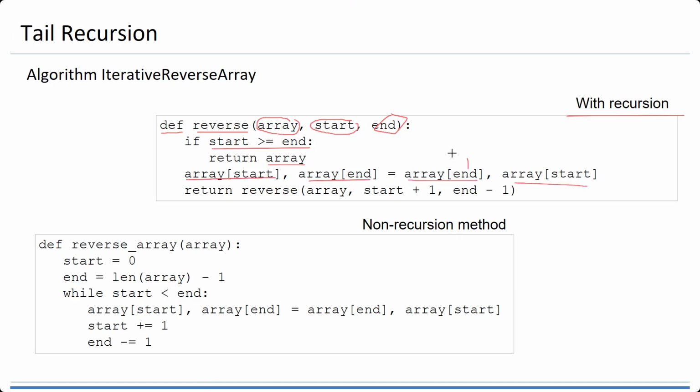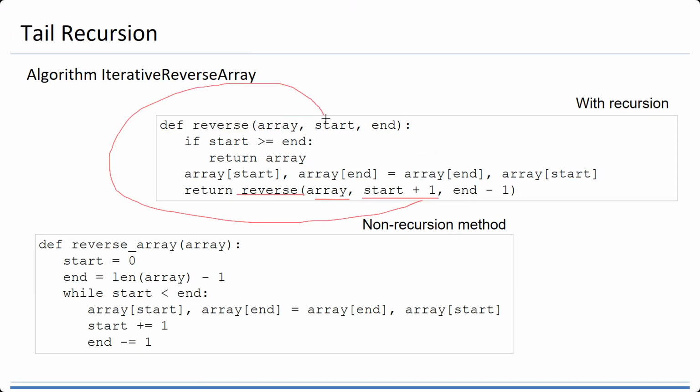So the element at the ending index will be the element at the starting index, and the element at the starting index will be the element at the ending index. Then we call reverse again, and the starting index will be added by 1, and the ending index will be minus by 1.